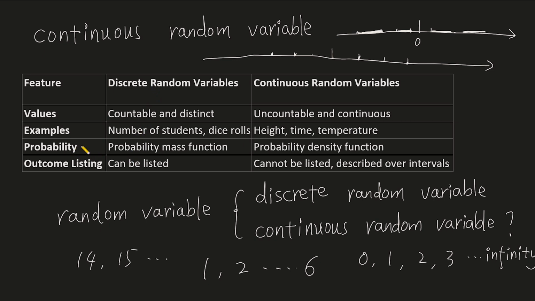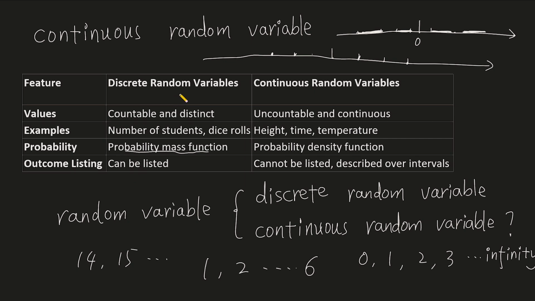The second difference is the probability. A discrete random variable has a probability mass function. The probability mass function is another name for the probability distribution.